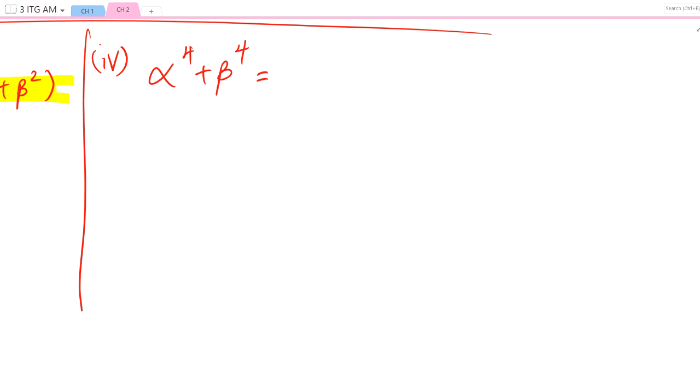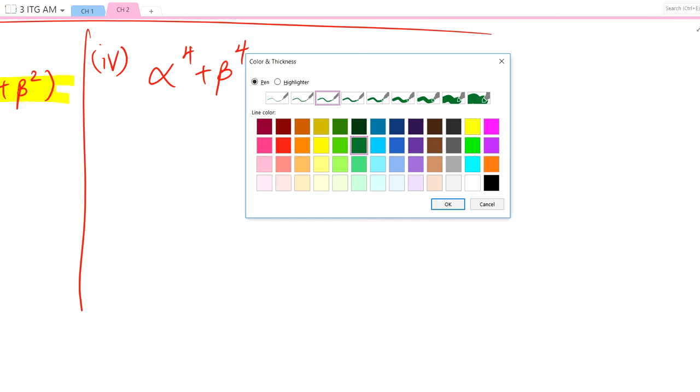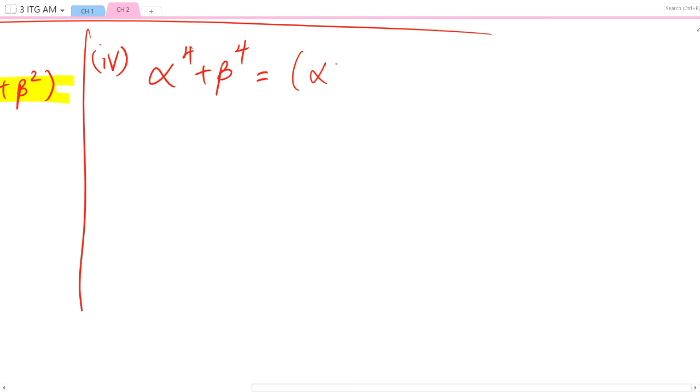Alpha power 4 plus beta power 4 is actually rewritten as alpha square plus beta square, we square it, minus 2 alpha square beta square. That's what I have on the board up there.